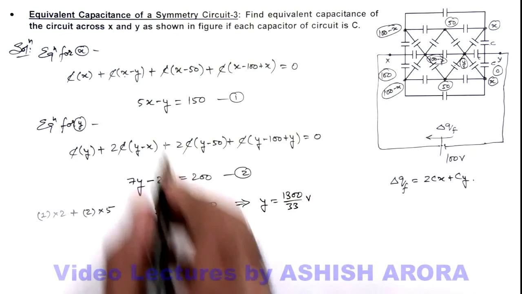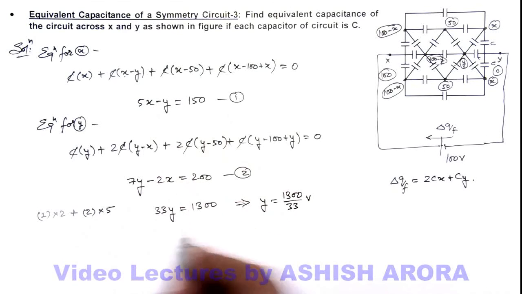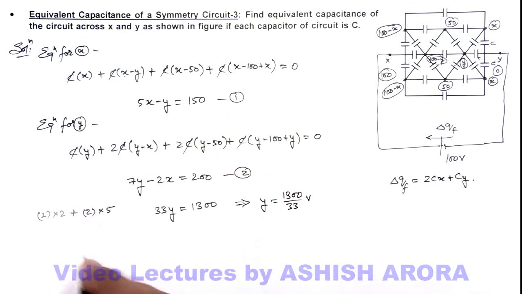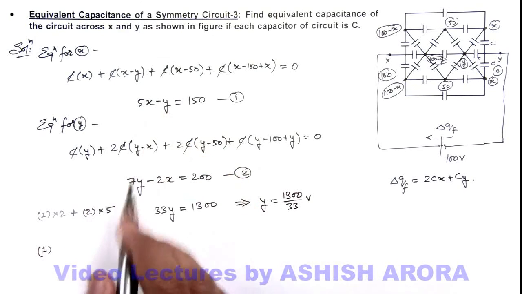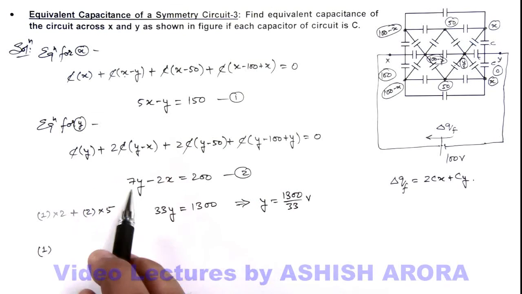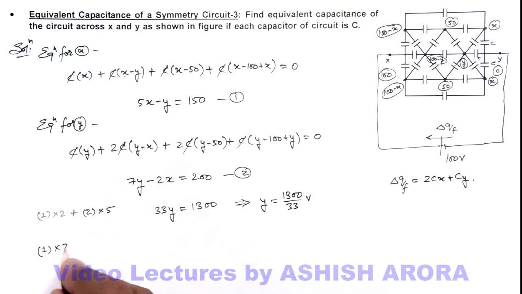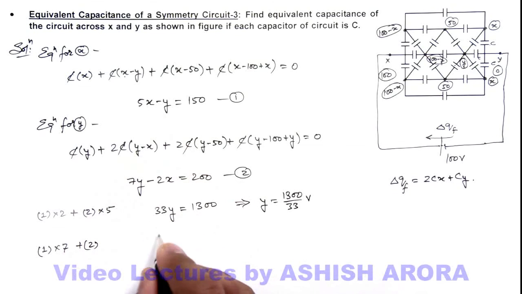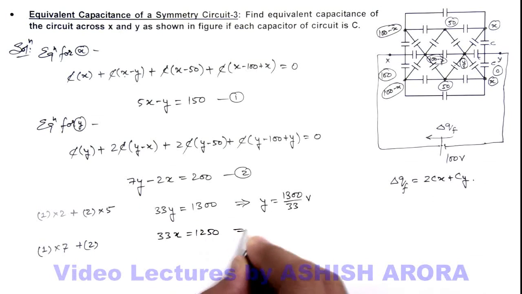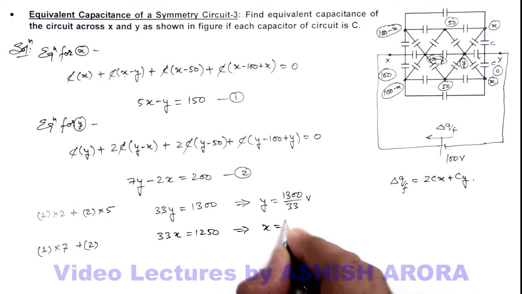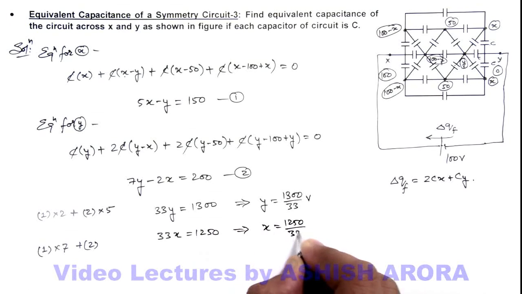And we can also substitute the value of Y to get the value of X, or we can multiply equation 1 by 7 and add it to equation 2. So here Y gets cancelled out and we are getting 33X is equal to 1250, which results in the value of X as 1250 by 33 volt.